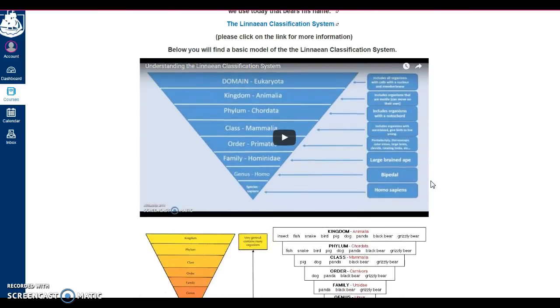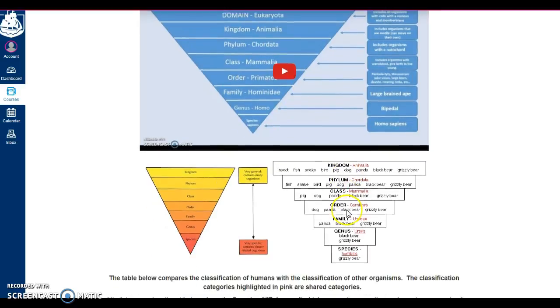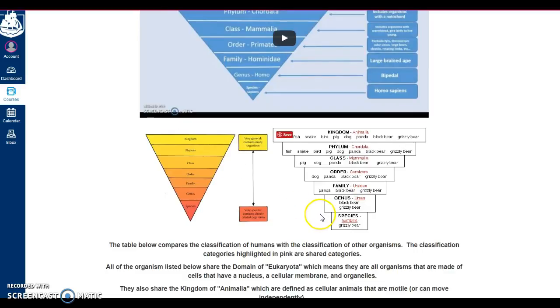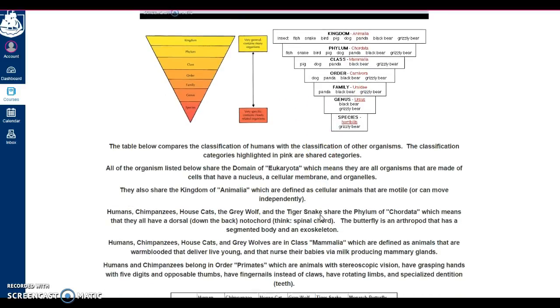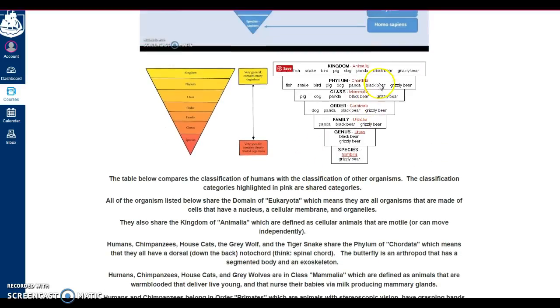I've embedded a video, which you can watch at your own pace. I've embedded a video that I created that explains the Linnaean classification system in basic form. And I've also embedded a couple of examples of how it works using the grizzly bear as an example of filtering.